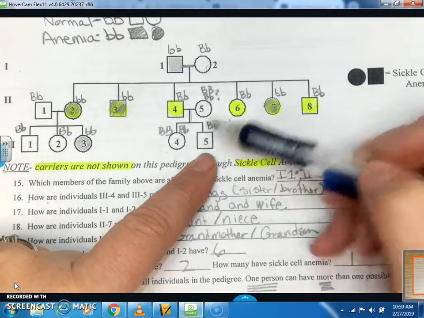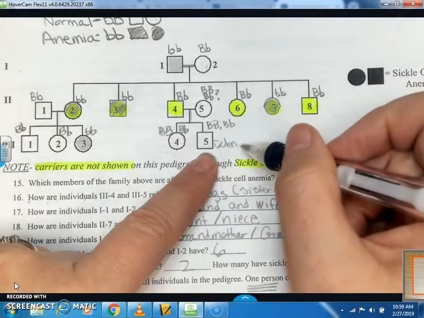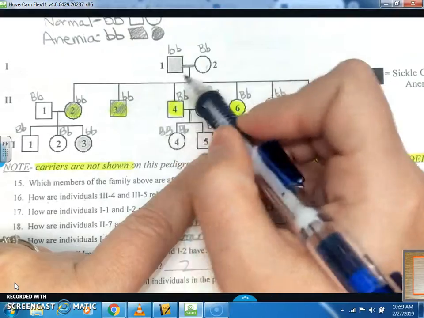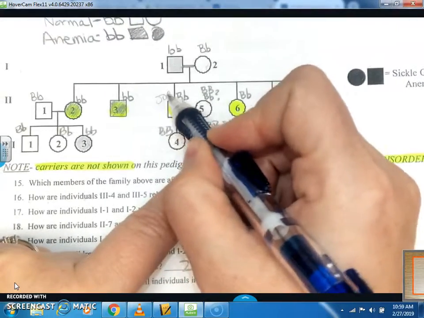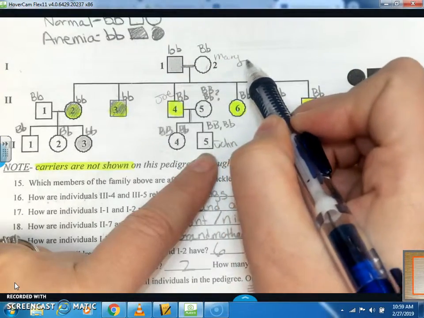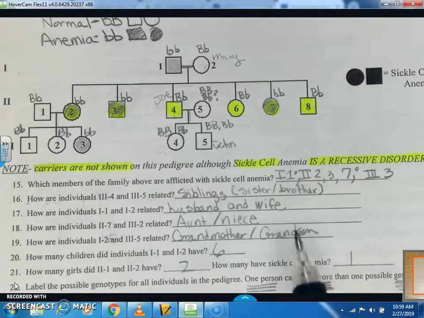So if we name him John, because if I don't give him names, it confuses me. John is the son of Joe, and Joe is the son of Mary, right? So that would make John Mary's grandson. So it's a grandmother and a grandson.